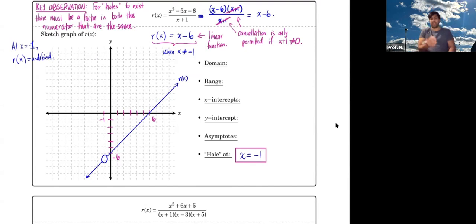So this function here is a line with a missing point. So asymptotes, there are none actually. The y-intercept, that's kind of simple because r of x is a linear function when x does not equal -1. So the y-intercept is (0, -6).